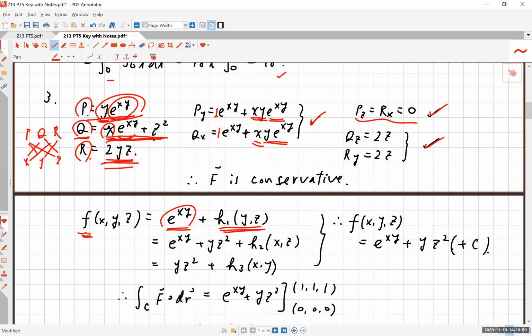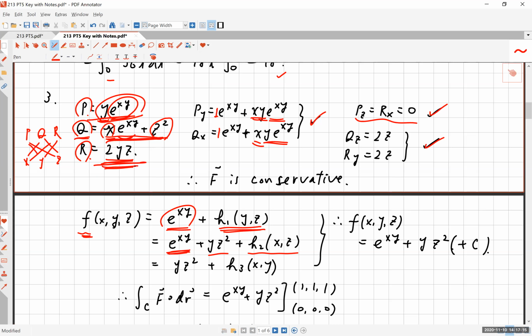So that means you should have e to the xy, because the partial of this with respect to y is exactly x times e to the xy. But you also have this. That means you have to have yz squared somewhere in this expression of lowercase f. And then you may have some other expressions involving x and z and constants, but no more y.